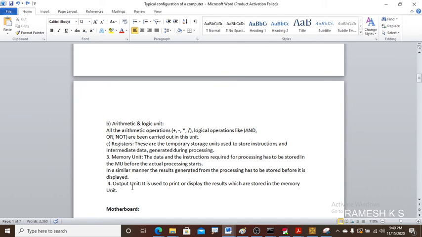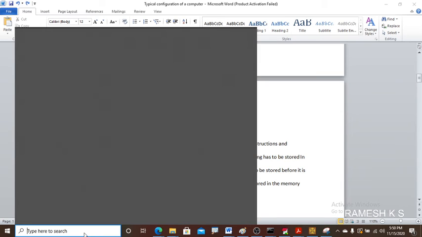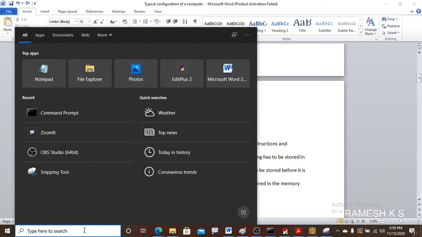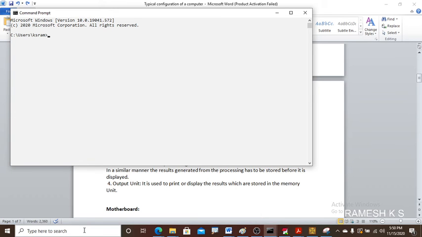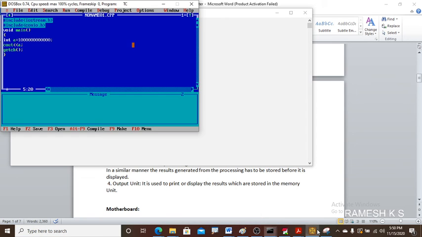What do you mean by the output unit? It is used to print or display the results which are stored in the memory unit. Suppose I want to display the results. Let us consider one example here, taking CMD. I am printing a value of 10. I am writing the command and executing this.